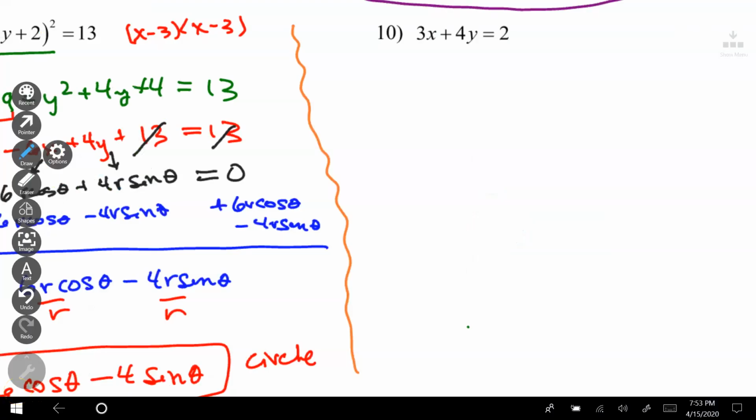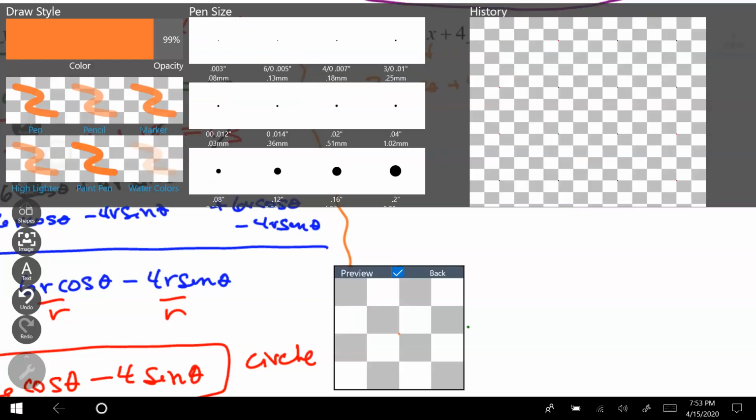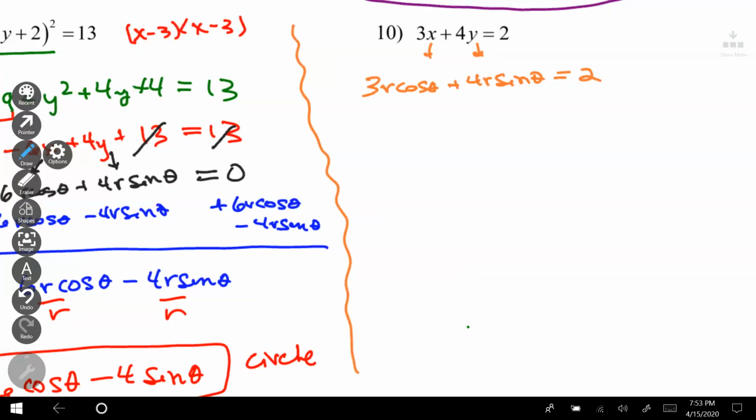Okay, and finally, this last problem, 3x plus 4y equals 2. I hope you know what that graph looks like from Algebra 1. I have nice easy substitutions for the x's and the y's. 3r cosine theta plus 4r sine theta is equal to 2. I'm going to have to factor out an r. So I got r times the quantity 3 cosine theta plus 4 sine theta is equal to 2.